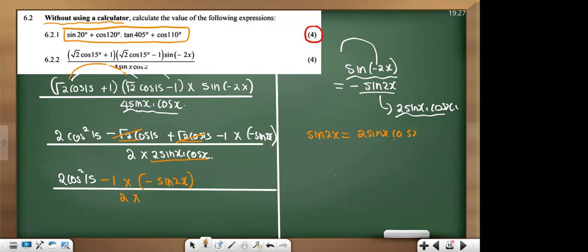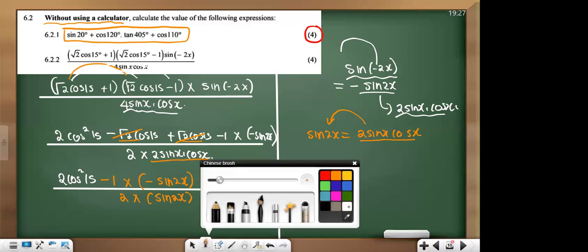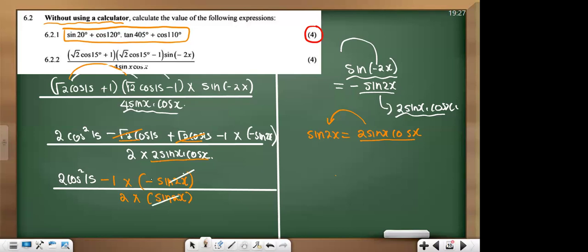And I got this. I can change it to this. So this will be multiplied by sine 2x. I see something. I'm not sure you see what I might see. This and this, they will cancel. Don't forget there is a negative in between. So I am now left with -2 cos squared 15 minus 1 divided by 2.